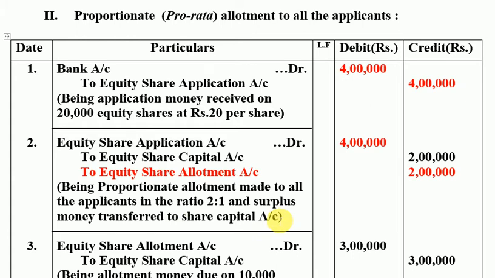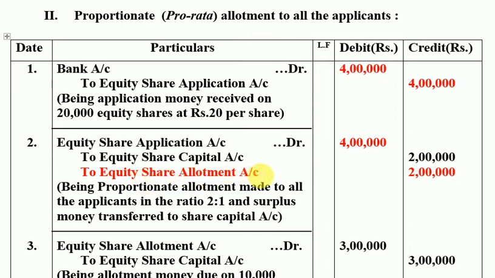So children, you can see the change here. Nothing has been refunded. Instead, the company has made proportionate allotment in the ratio 2:1, and that surplus money is transferred to equity share allotment account. I'll explain this.